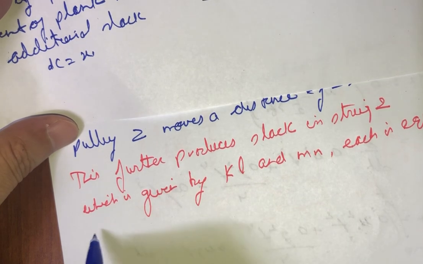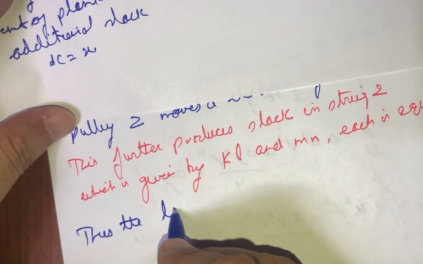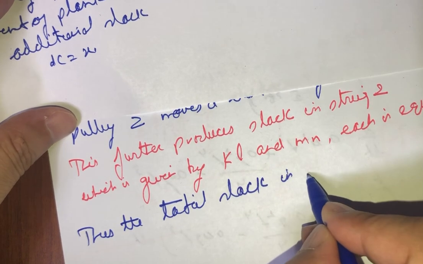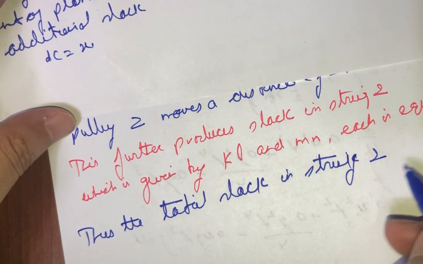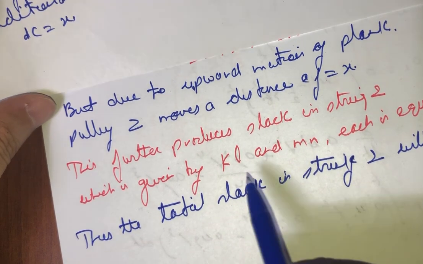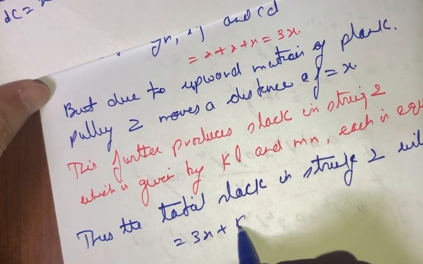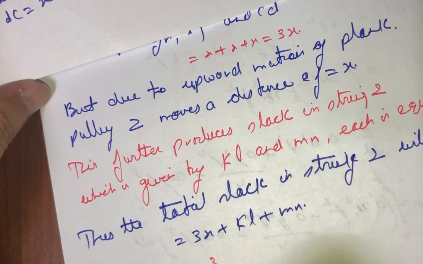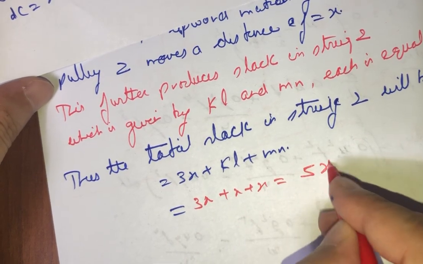So the total slack in string 2 will be the addition of what we already calculated, 3x, plus KL plus MN, and this will be equal to 3x plus x plus x, which will be coming as 5x.